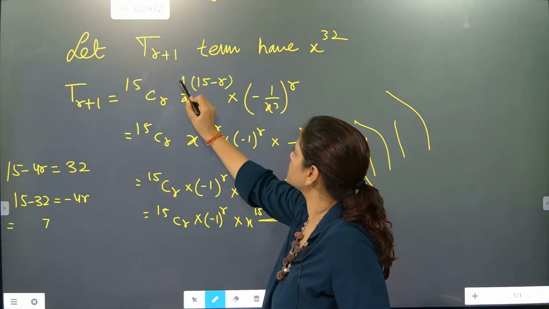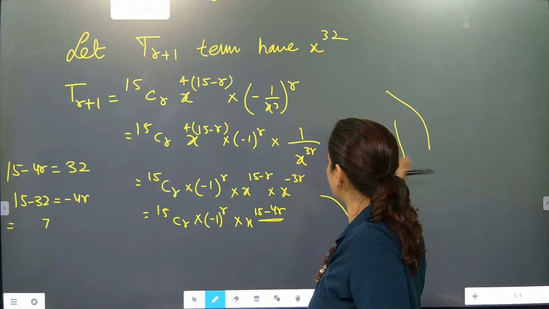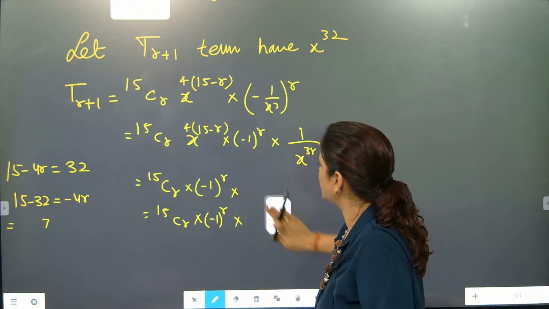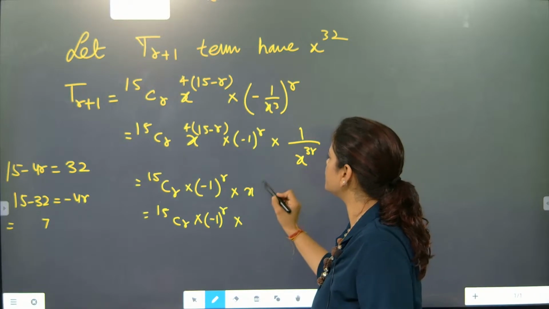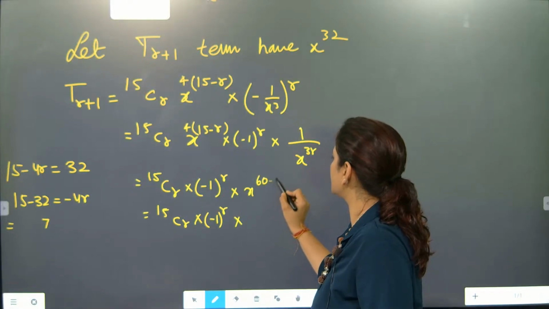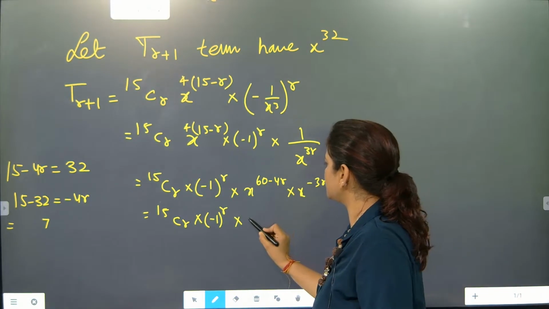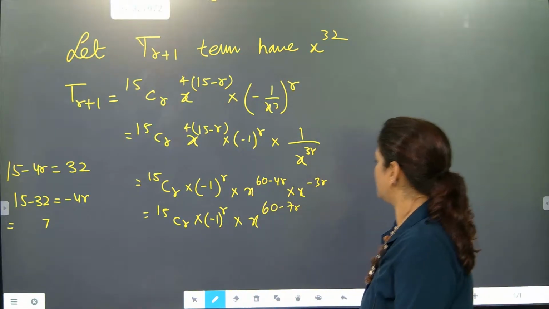Otherwise an odd number is coming. So here it is coming x to the power 60: 15 fours are 60, minus 4r, into x to the power minus 3r. So it will become x to the power 60 minus 7r.